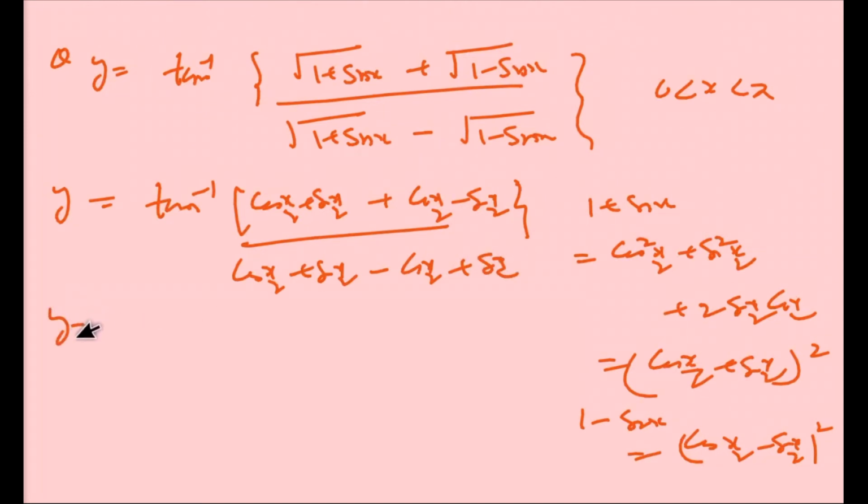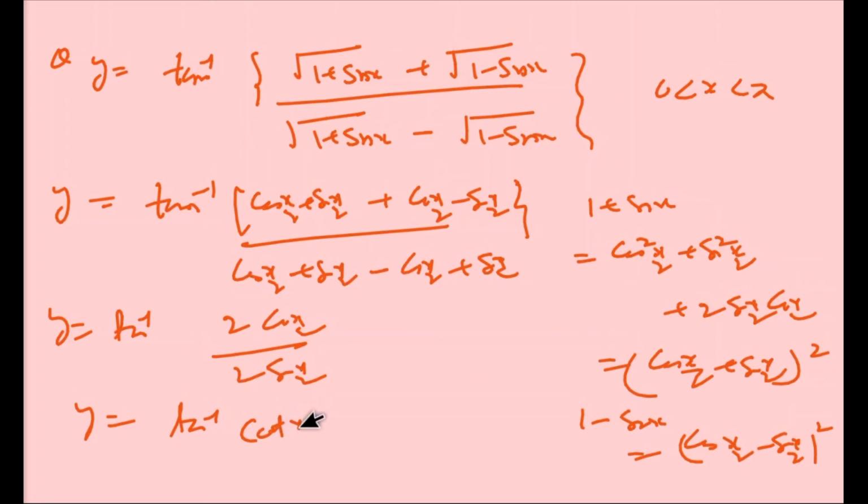What is left is tan inverse of 2 cos x by 2 upon 2 sin x by 2. The 2 is cancelled, so we get y equal to tan inverse cot x by 2, and this we can write again as y equal to tan inverse tan of pi by 2 minus x by 2.